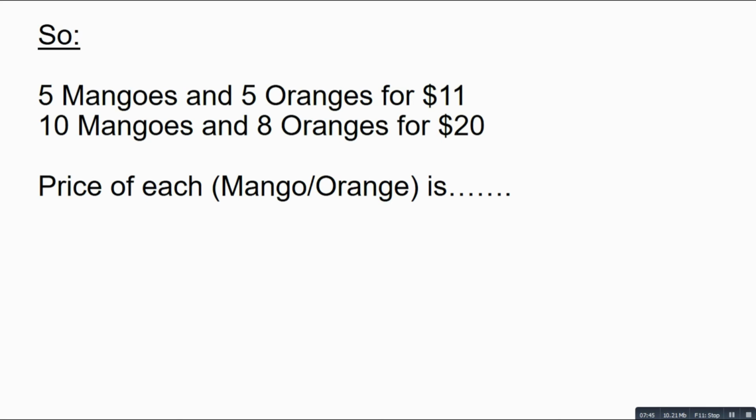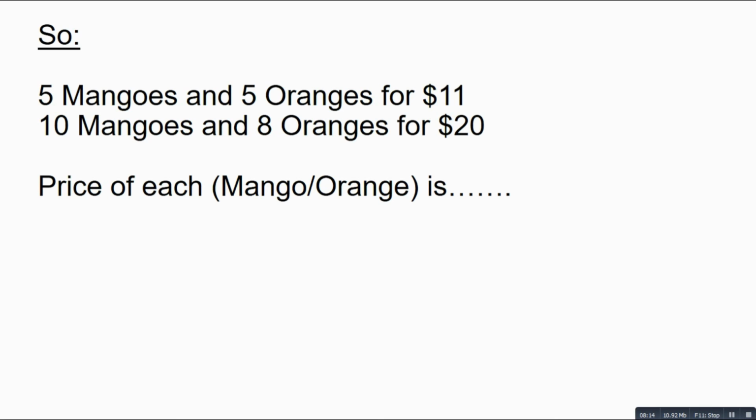So now you have two equations and two unknowns: 5x plus 5y is equal to 11, and 10x plus 8y is equal to 20. You should be able to use the method of addition. Somehow try to make one of those numbers or variables negative, and when you add equation 1 to equation 2, you will end up solving for one variable, and then use that variable in the second equation to solve for the second variable.